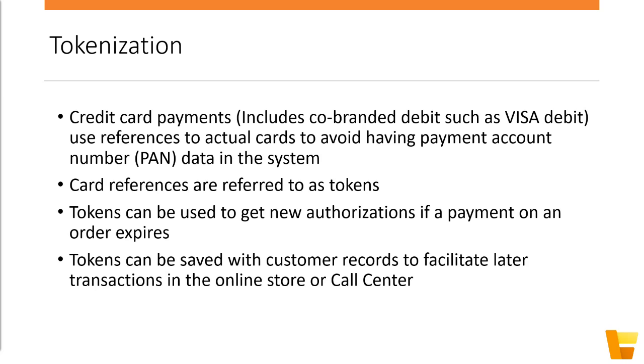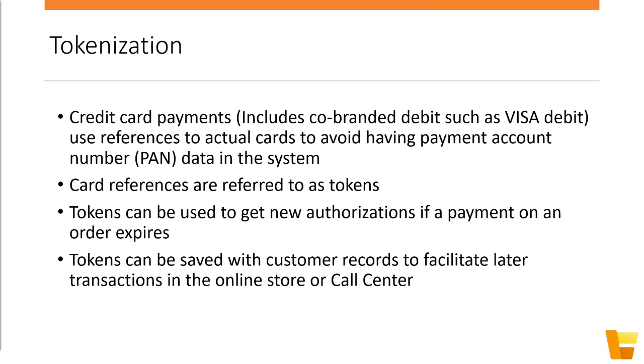So as I mentioned, tokenization is specifically related to credit card payments or EFT style payments. If you think about the industry that we're in and the regulations around PADSS and the fact that credit card numbers are very sensitive, tokenization is very important to us.